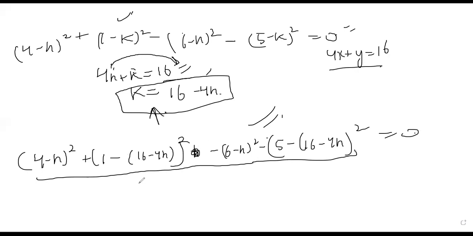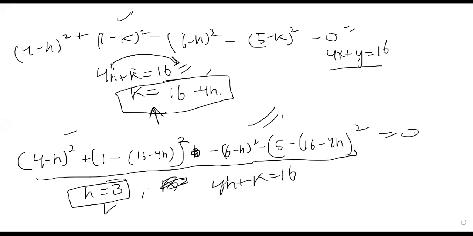Now can you find the value of h from this equation after solving all these? This will take a long time. I will write, you will solve this equation. H will come out to be 3. If we got the value of h, now we can write 4h plus k equals 16.